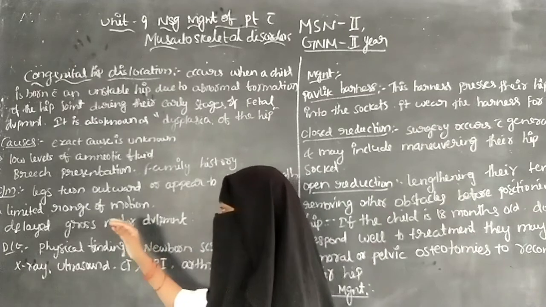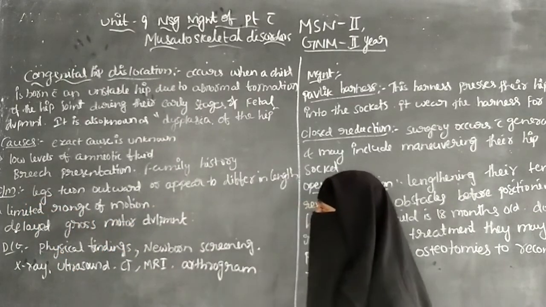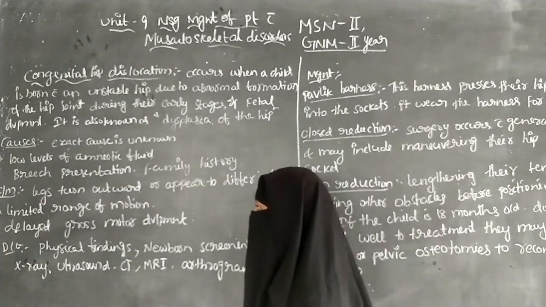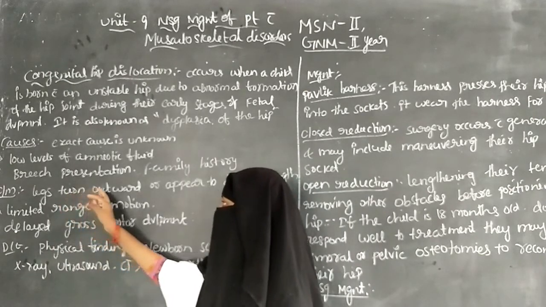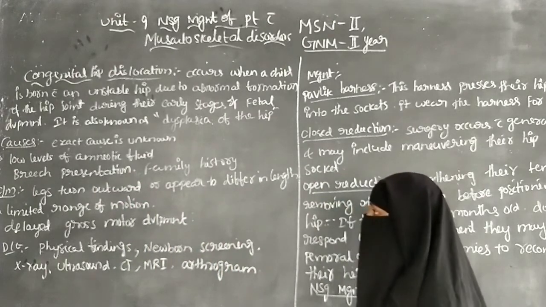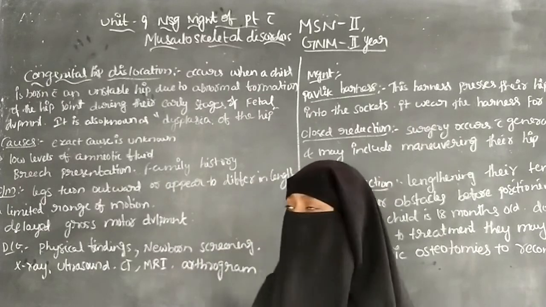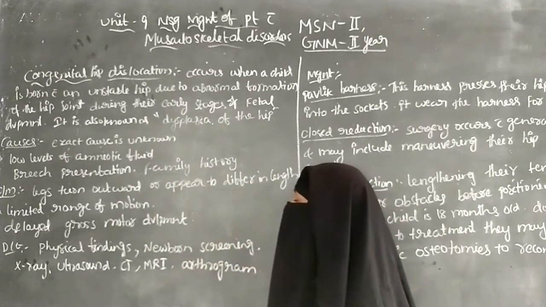The next one is clinical manifestations. The clinical manifestations include legs turning outward or appearing to differ in length. The legs can be turned outside of the body and appear to differ in length.